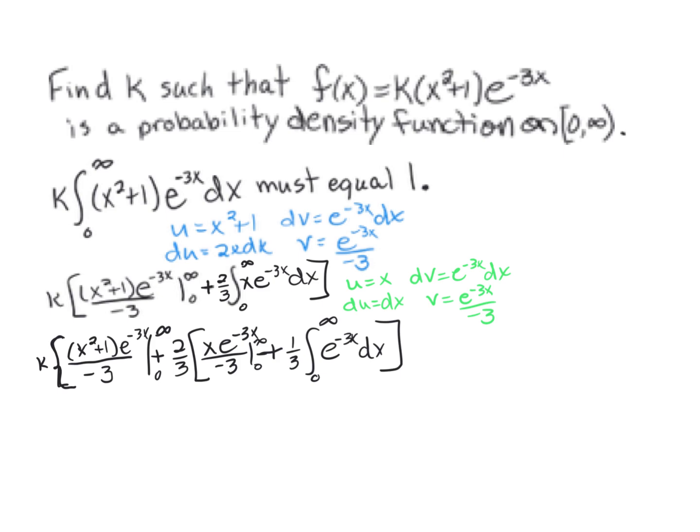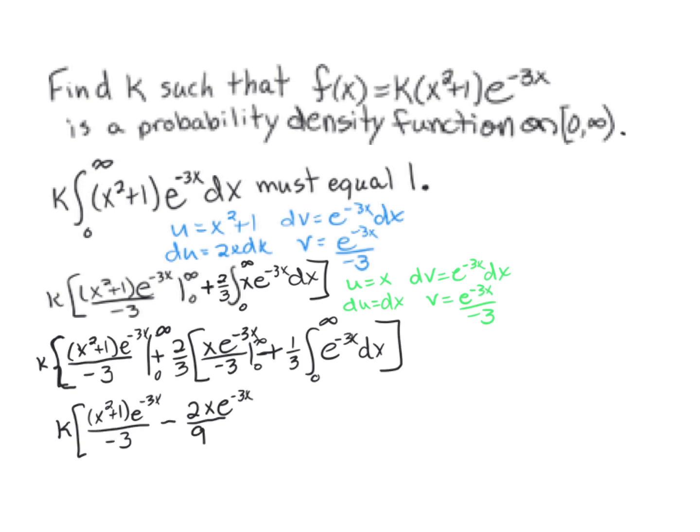So now I have k times x squared plus 1 e to the minus 3x over minus 3, evaluated from 0 to infinity just like everything else, plus, nope, it's going to be minus. Look at me. Because of the negative 3 in the denominator, this becomes 2 on the top, negative 9 on the bottom, e to the power.